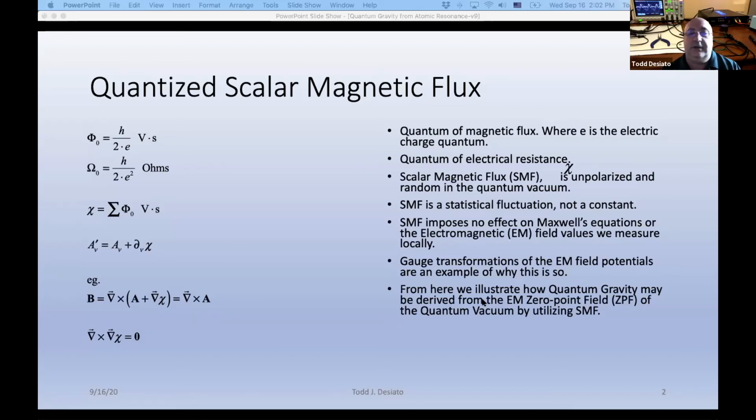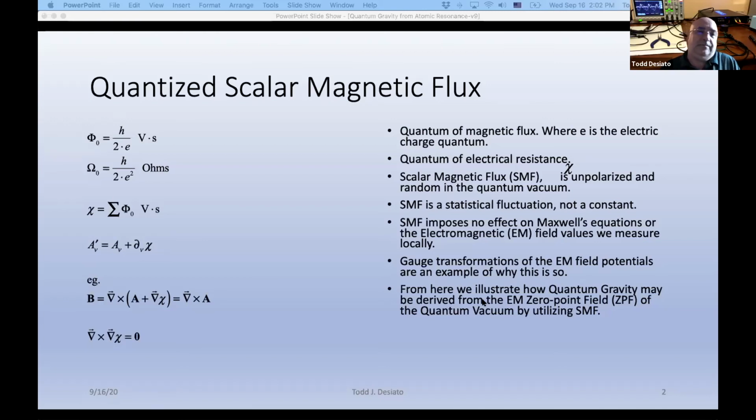And I'm going to take it from where I left off in 2016, which is that the electromagnetic gauge potential can be modified by the gradient of a scalar field. And in this case, I'm promoting that gauge scalar field to a real scalar field, but the effects are the same, the math is the same.